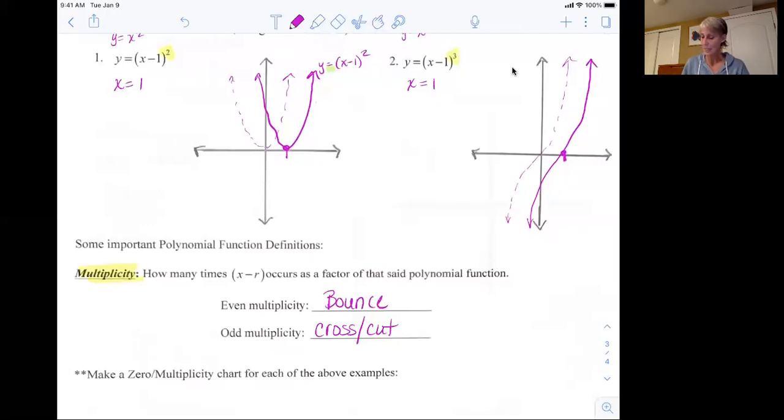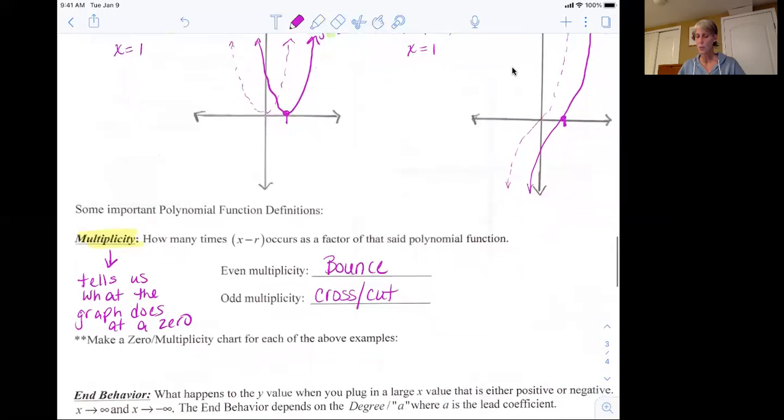So multiplicity's definition is how many times it occurs as a factor, but basically what multiplicity does is tell us what the graph does at a zero. Even multiplicity bounces, odd multiplicity crosses or cuts through.